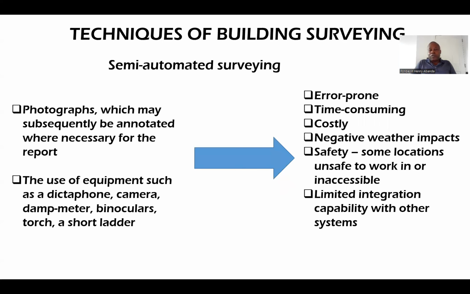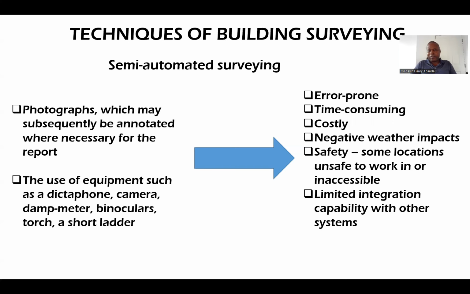And of course, if you think about the manual or traditional techniques together with semi-automated ones, the disadvantages or weaknesses are that they are error-prone, time-consuming, and costly. And of course, you also have negative impacts from the weather, having to go around and spend too much time on site, where someone surveying the building can be affected by negative weather.